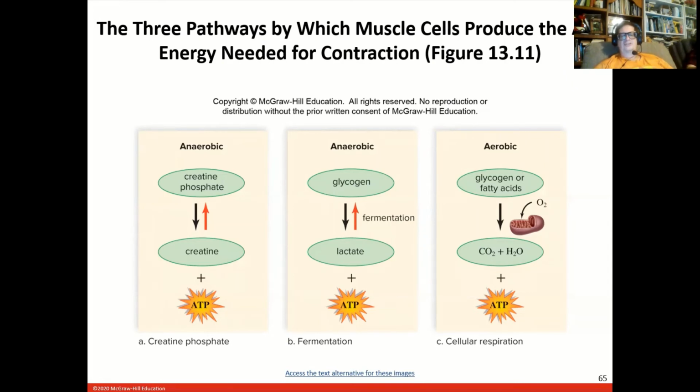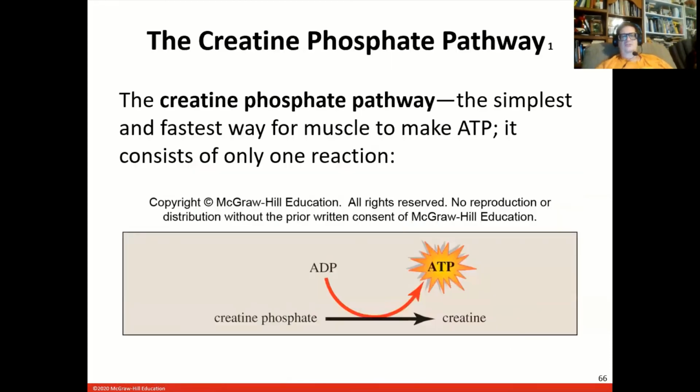The fermentation pathway, that'll work, but you're going to build up lactic acid and it's going to hurt. Aerobic respiration, which happens in the mitochondria, that generates a lot more ATP. I wish this picture had ATP, ATP, and then boom, huge ATP for the aerobic respiration because it's a lot more efficient. It creates a lot more ATP, but it needs oxygen.